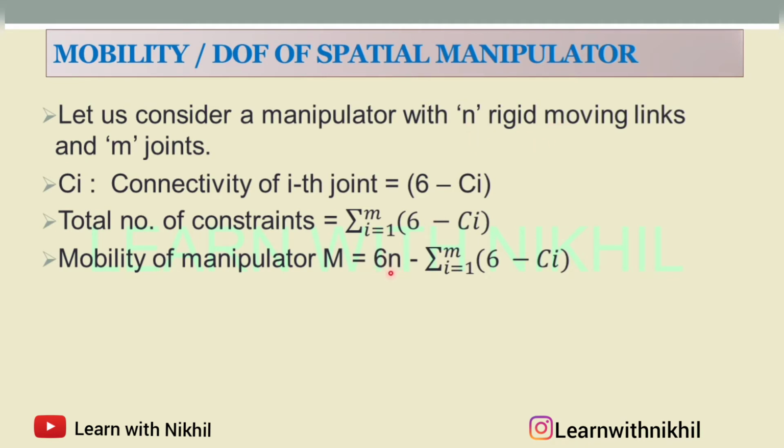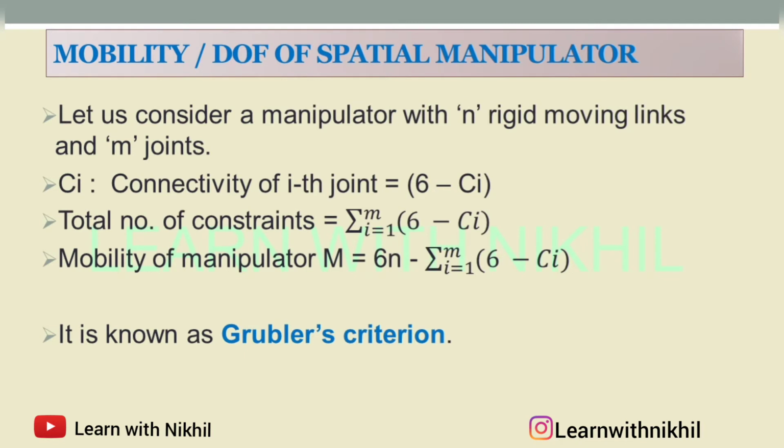So 6n minus the constraint equation, the summation from i equals 1 to m of (6 minus Ci), and this is called the famous Grubler's criterion. I'll explain this equation in much more detail when we take the example to solve it.